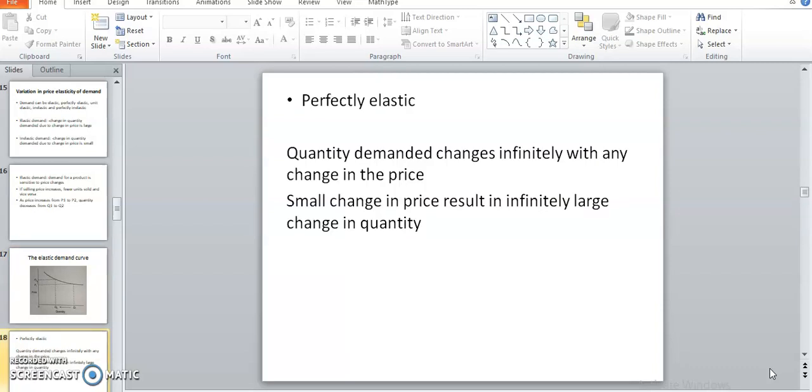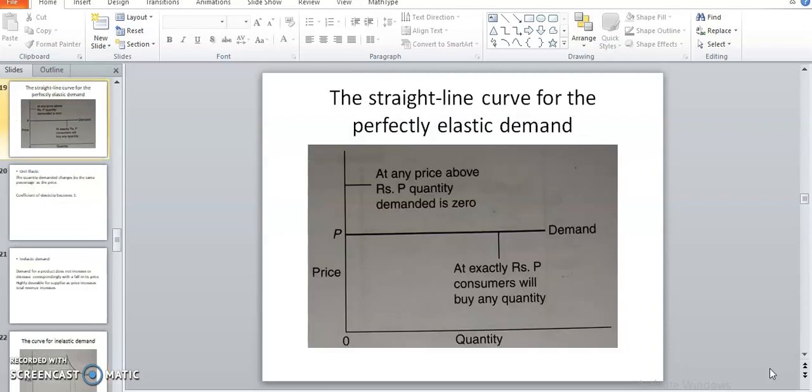Now we can shift to the perfectly elastic curve. The quantity demanded changes infinitely with a very small change in the price. It will be observed like this: if the price changes slightly above this price P, the quantity demanded is zero.